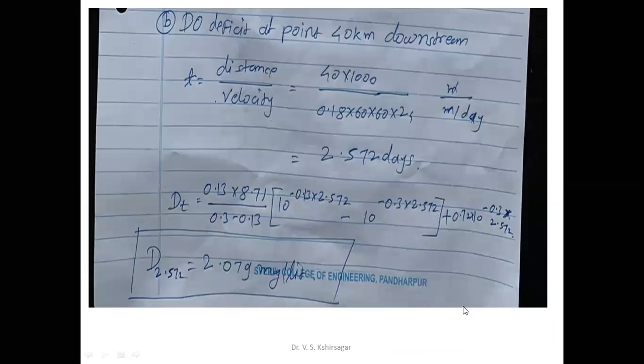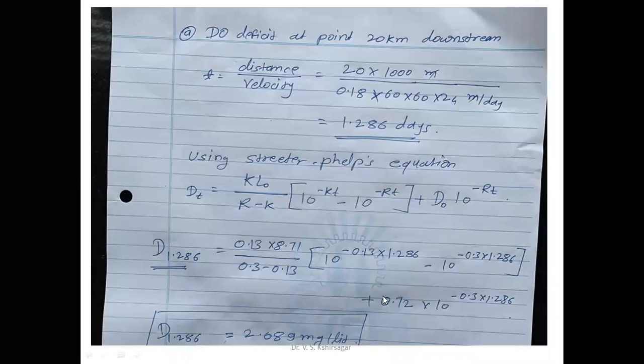Now from that you can determine D at 1.286 time, that is nothing but at the distance 20 kilometer. What is to be determined? Dissolved oxygen deficit at this 20 kilometer, means at this time 1.286, and that you can determine. You can write down this answer or you can calculate and cross check my answer. I hope you are understanding. If not, anyone can ask a question.